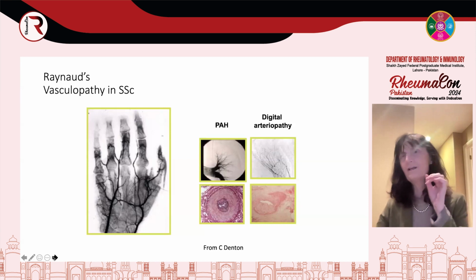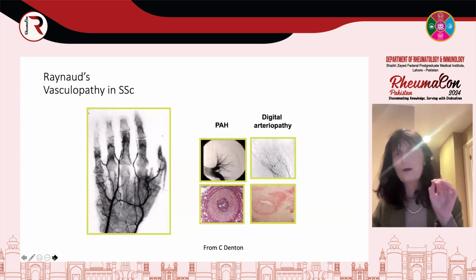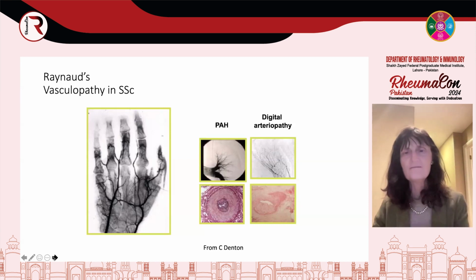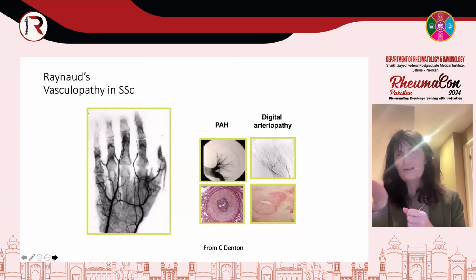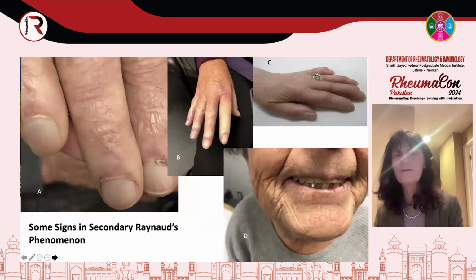You're getting proliferation of the media, but you're also getting endothelial changes and intimal changes. So it's very similar, but you don't have to have pulmonary hypertension in scleroderma, but about 15% of the patients have that, but almost all have Raynaud's.